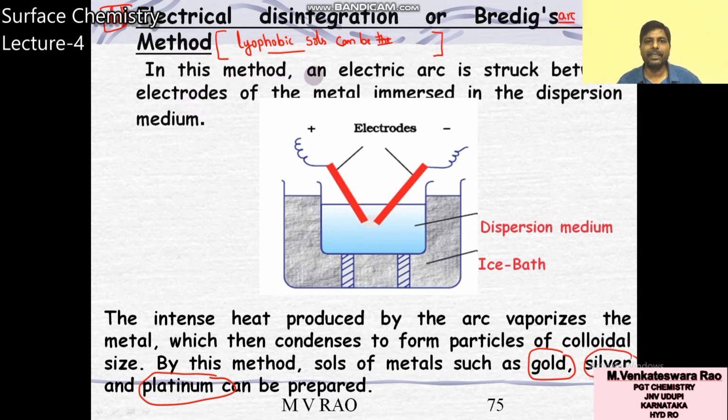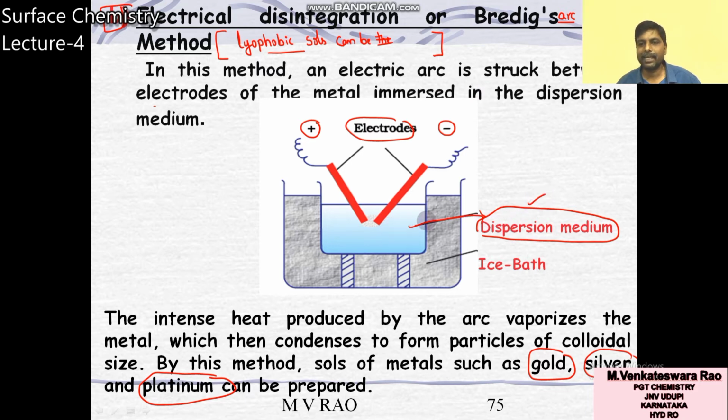In this method, an electric arc is struck between electrodes of the metal immersed in the dispersion medium. You can see here, this is a solvent, the dispersion medium. In this dispersion medium, two electrodes, a positively charged electrode and a negatively charged electrode, are immersed.